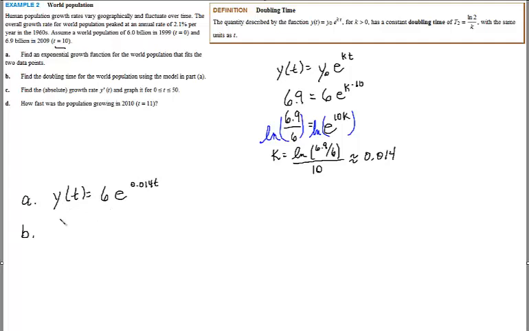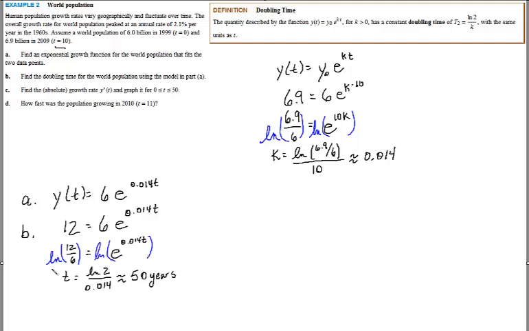I would just let this y of t value equal 12 and solve from there, or I can use their little formula. Either way, you'll still get the same thing. Notice that what I end up with is the natural log of 2 over that k value, which is what they told me the formula was, but I don't really need that formula.